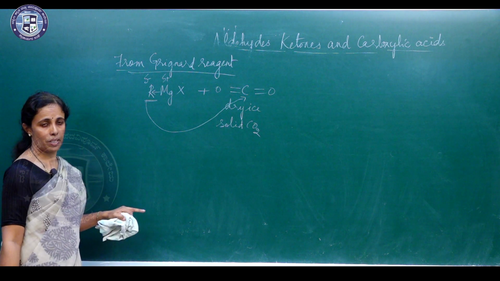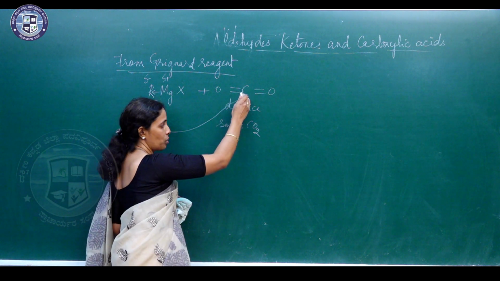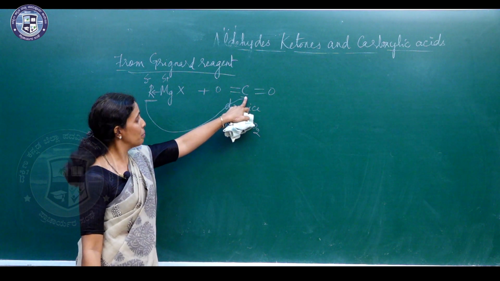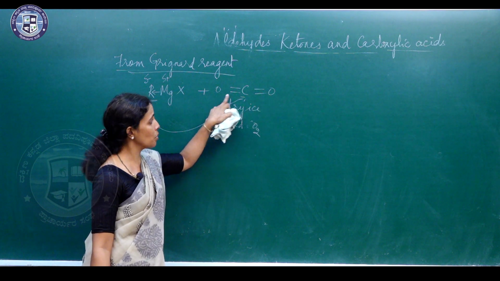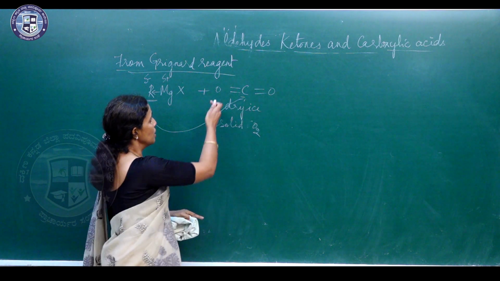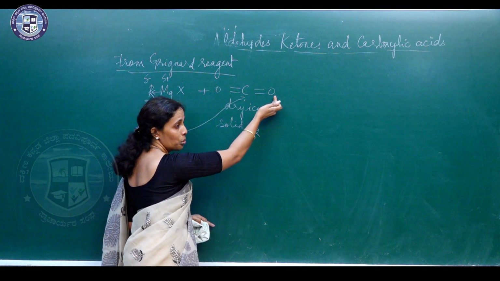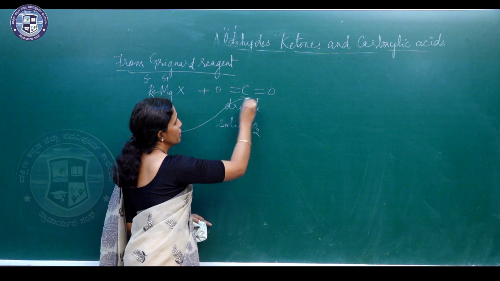dry ice. Again here the carbon atom of solid carbon dioxide is electrophilic in nature because it has two highly electronegative oxygen atoms on either side of it. That is, this oxygen can draw the shared electron towards itself, this can also do it. So, this attains a partial positive charge.